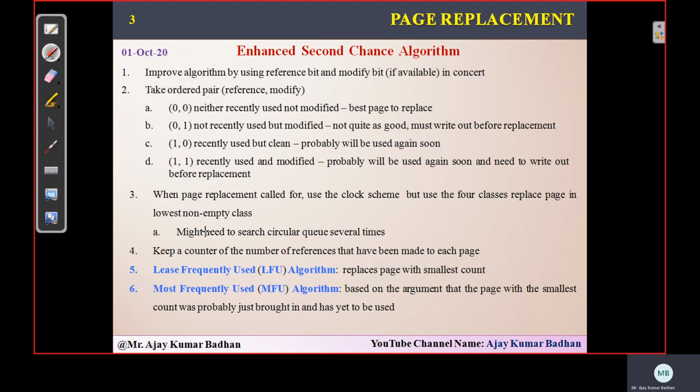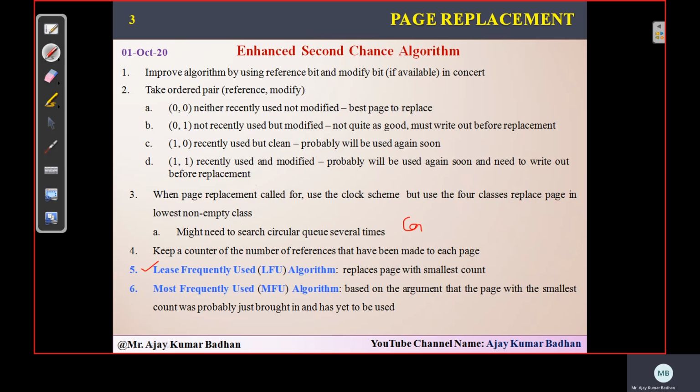Now, apart from that, we also have other kinds of algorithms to perform page replacement. What we have is something called LFU. Like least recently used, which we have seen, this is least frequently used.